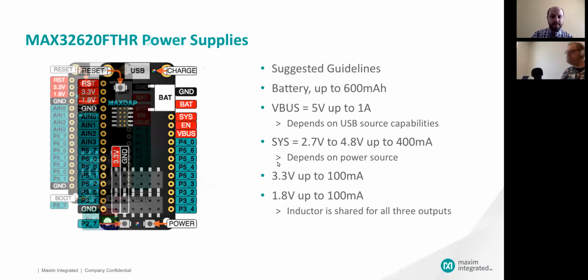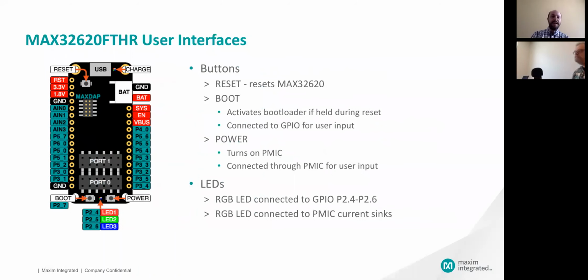So, here we go, the next slide. I also wanted to touch on the user interfaces in a little more detail. Again, Ben talked about all the buttons. The board comes with a little cheat sheet card that tells you which ports are assigned to these different peripherals. The reset button is dedicated, but the boot button goes to port 2.7. So when you're running your code, you can use that just as a general input.